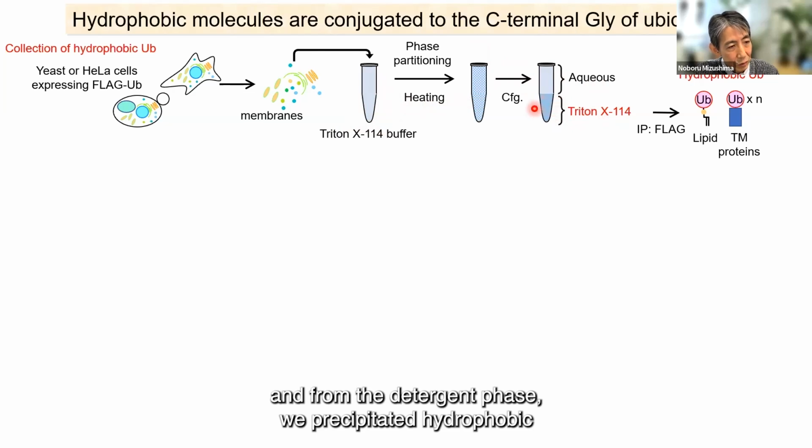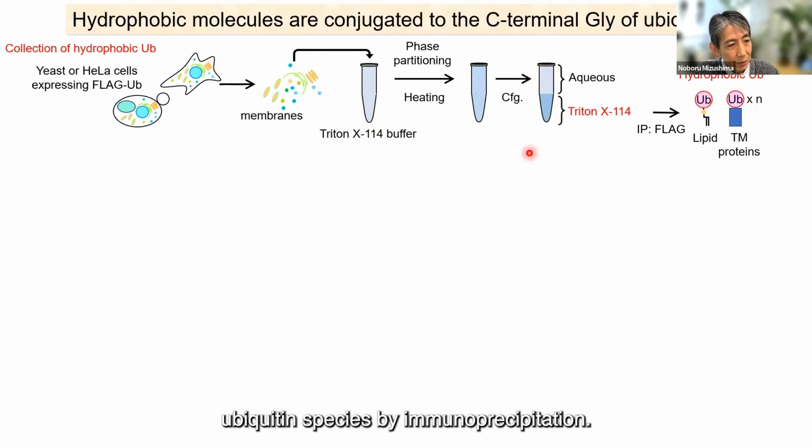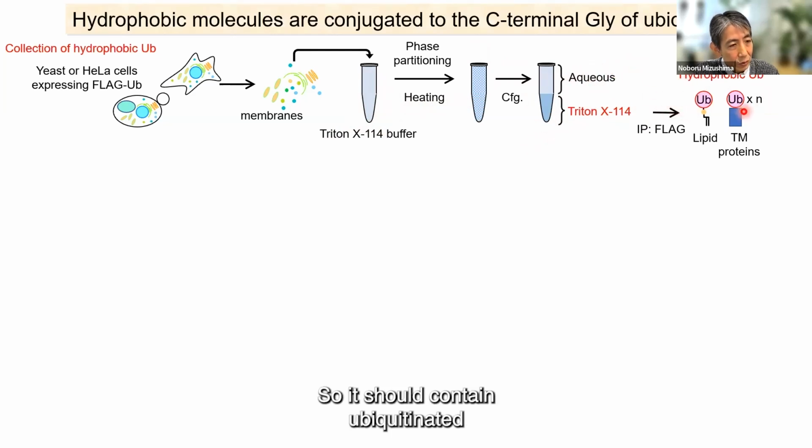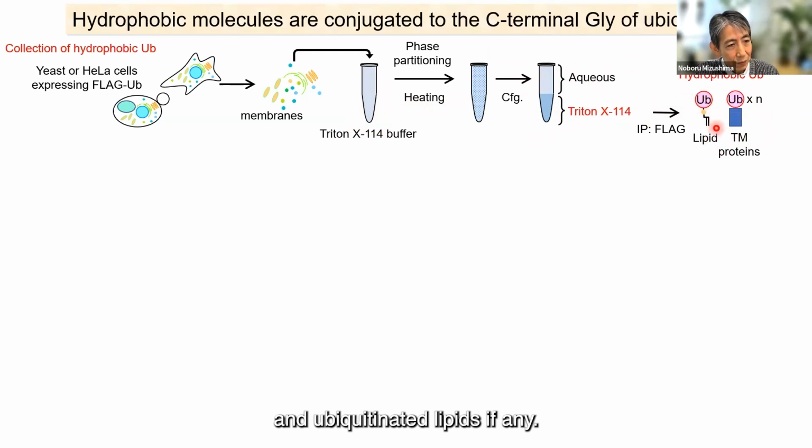From the detergent phase, we precipitated hydrophobic ubiquitin species by immunoprecipitation. So it should contain ubiquitinated hydrophobic proteins like transmembrane proteins and ubiquitinated lipids, if any.